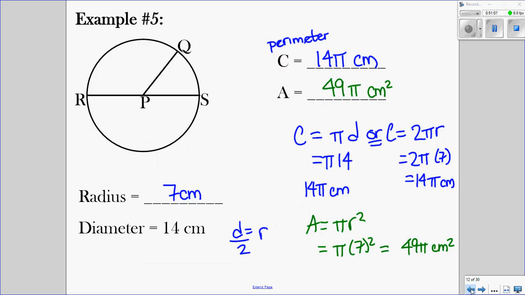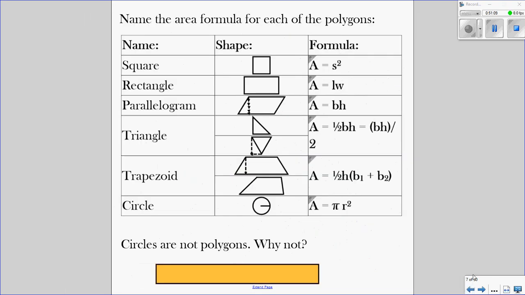So basically, you just have to learn them. Some of them you already know. Rectangles and squares, you should know them, and triangles. A trapezoid would be one that's tricky. Just know them. And know that perimeter means you add all the sides. Area is based on these formulas.